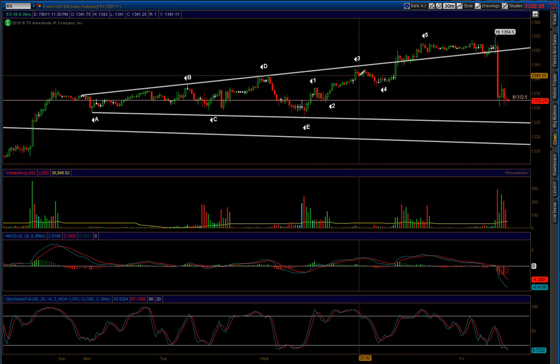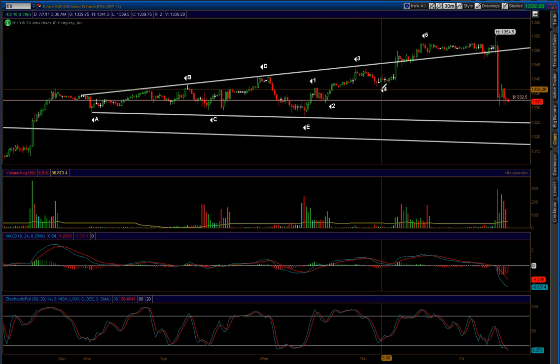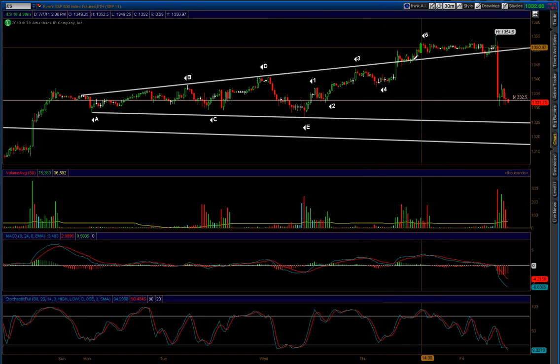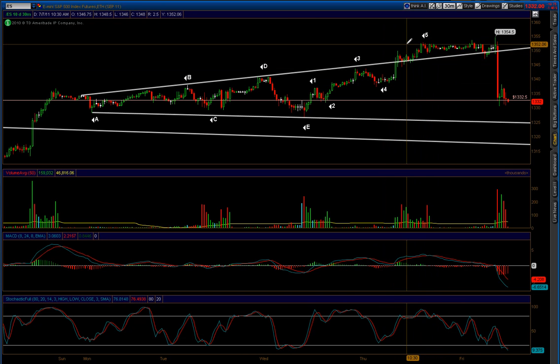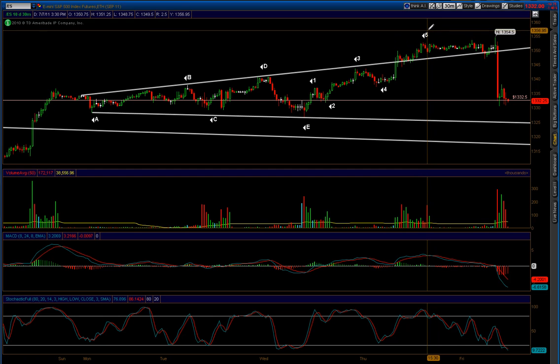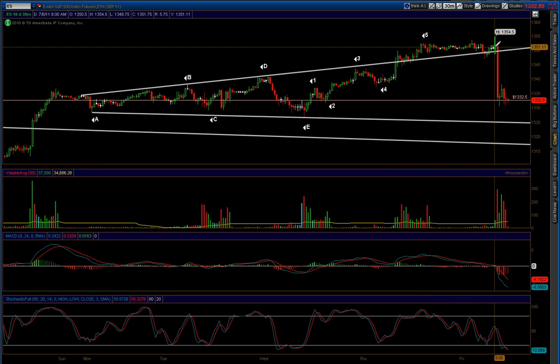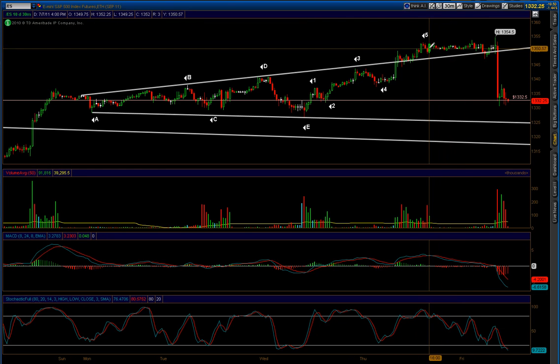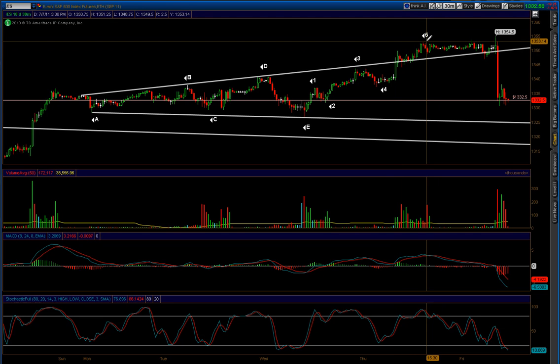Between the 3 or 4, this is a 3 or 4 because you have a predefined ABC correction down, and on the 5 you have the 1, 2, 3, 4, 5 wave subwaves. Once we got to wave 5, I wasn't sure if this was going to be 5 here or 5 over here, but nonetheless, we have stayed in this area, or I thought it was actually down here, but we went a little bit higher.